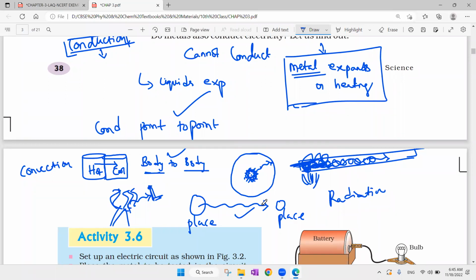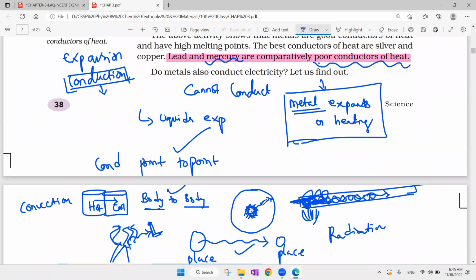Now, coming to mercury, mercury is a poor conductor of heat. But metal expands on heating. In 6th class, 7th class, you might have studied. If you see a bullock cart, there will be a tire of the bullock cart, and for that tire there will be an iron rim. Did you observe? Yes, sir.